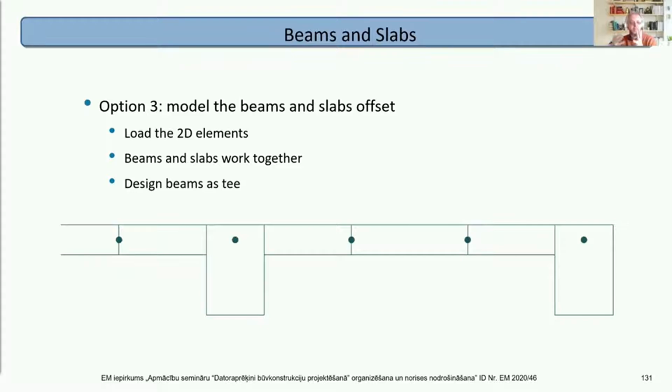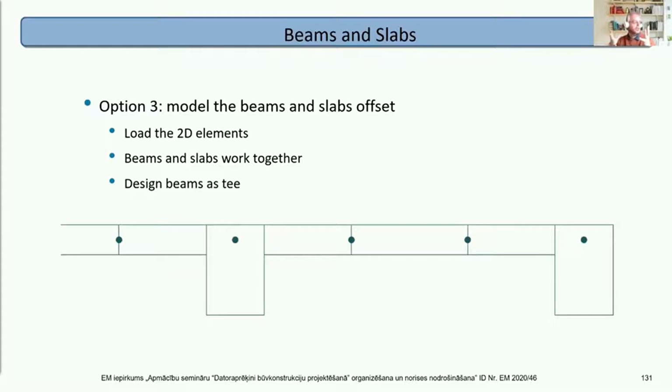The offsets we looked at earlier, the offsets in the beams will induce axial forces in the beams, but also in the slabs as well. So the beams will work as T-sections. You must design them as T-sections. So you must make sure you pick up the axial forces in the slabs adjacent to the beams and ensure that those beams are then designed for that.